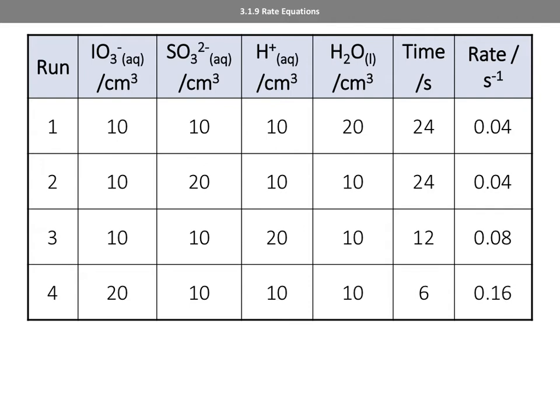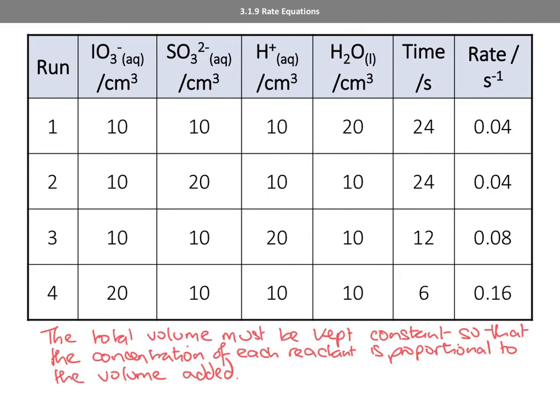So if we added 20 centimeters cubed of sulfite ions instead of 10 centimeters cubed, because in both versions the total volume was the same, then we have in effect doubled the concentration. The total volume in each run is 50 centimeters cubed. So in run 1, 10 over 50 is the proportion of sulfite ions, whereas in run 2 it's 20 over 50. So we have in effect doubled the concentration.